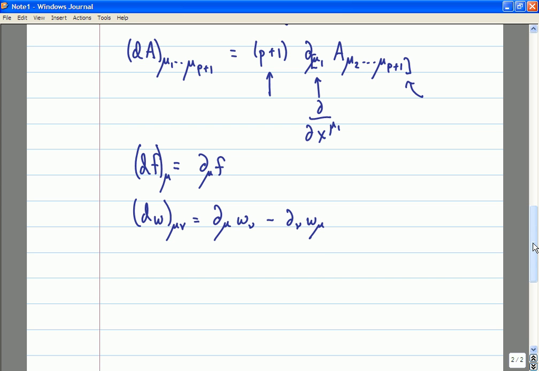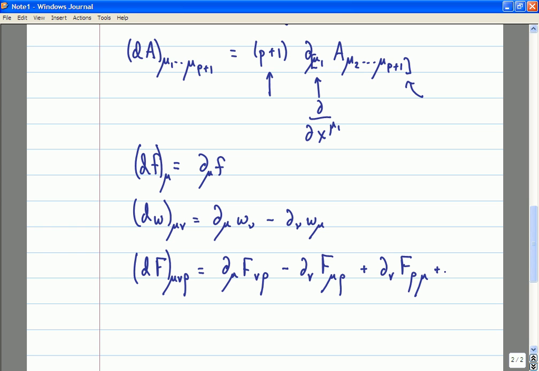So, for example, if you have a 2 form, f mu nu, and you take d of it, you get a 3 form. So there's 3 indices. What are those? That's d mu f nu rho minus d nu f mu rho plus d nu f rho mu minus so on and so forth. There are 6 terms there.